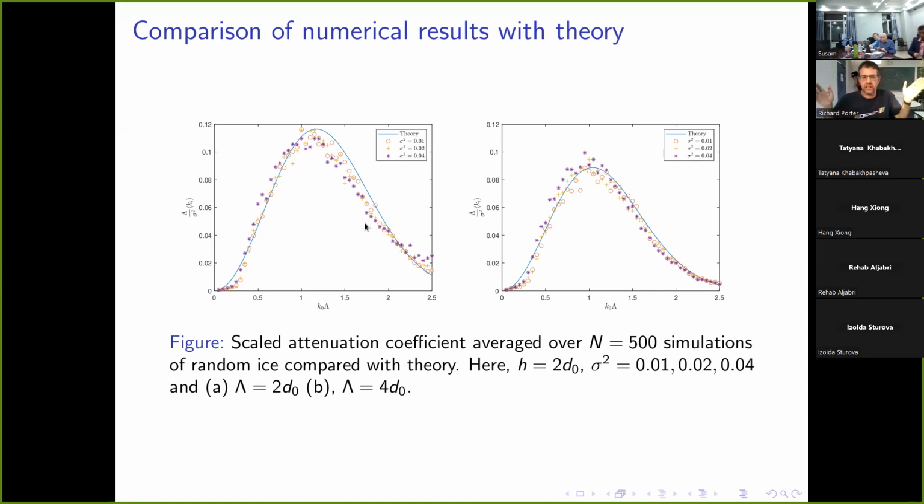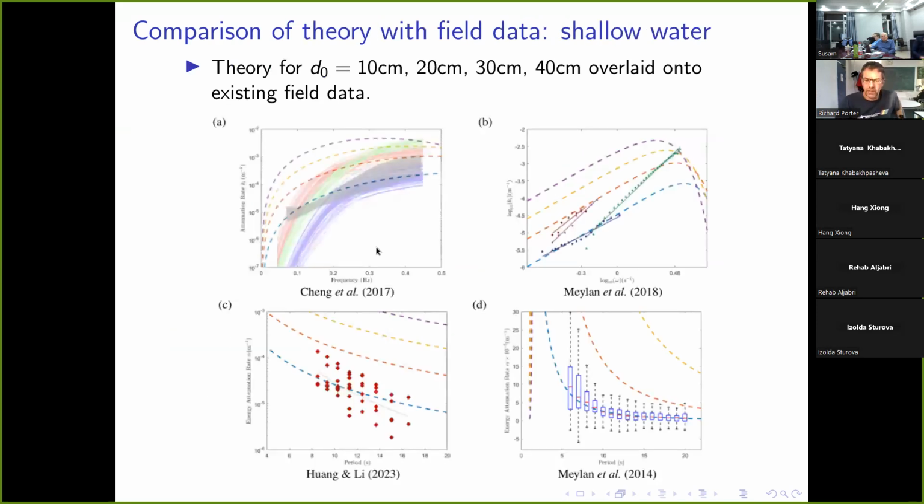My L is large, maybe it's 1000 or 2000, but it's not infinite. These are for two different statistical beds, for two different statistical horizontal correlation lengths, just showing that it works for all parameters.